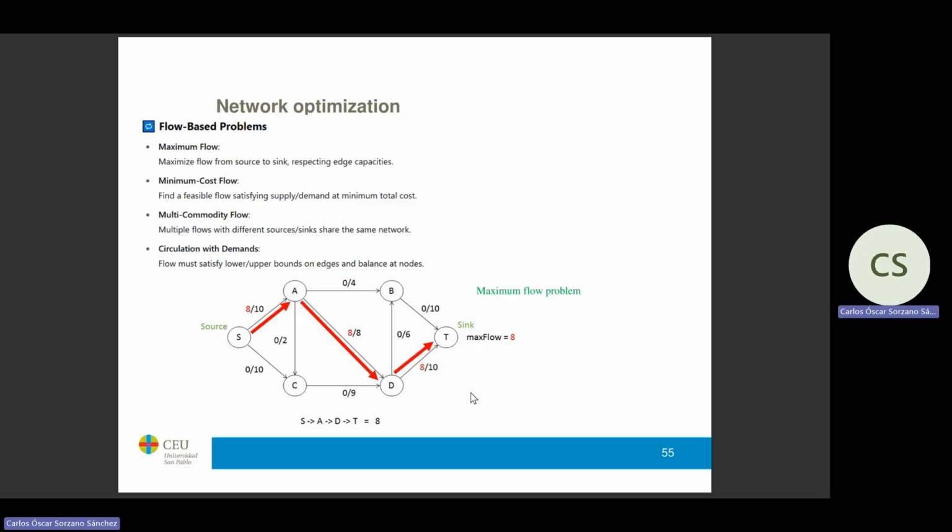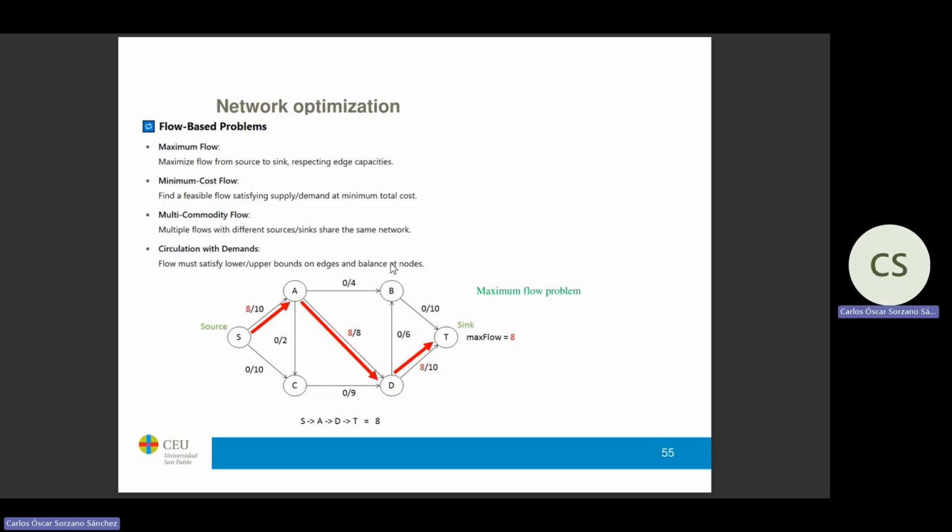So this is one of the problems, or you may have costs associated. Minimum cost flow: find feasible flows that satisfy the demands of each one of the nodes with a minimum total cost. Or multi-commodity flows: multiple flows with different sources and sinks that share the same network. You have multiple sources and sinks, but still the transfer capacity is fixed.